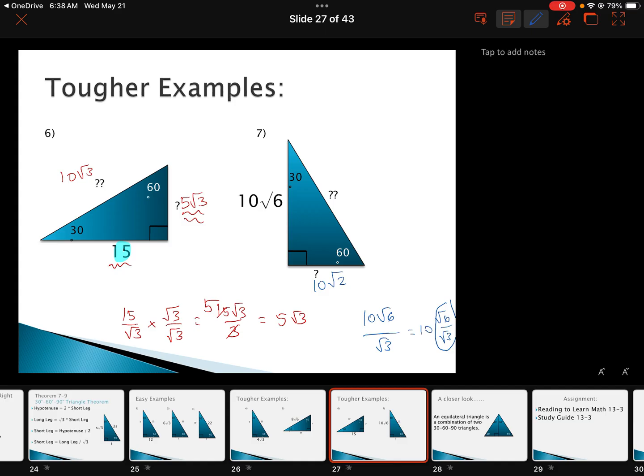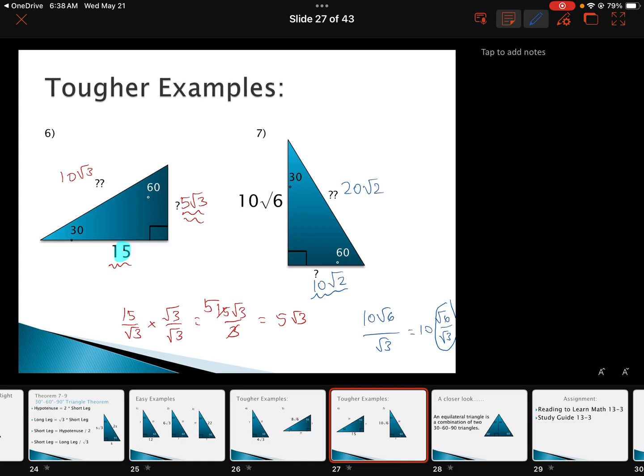Just the square root of 2. Next time you see that, you'll be able to do it a little bit quicker. 10 square roots of 6 divided by square root of 3 is 10 square roots of 2. Okay, now you have the short leg, 10 square roots of 2. Let's multiply that by 2 to get your hypotenuse. It's got to be 20 square roots of 2.